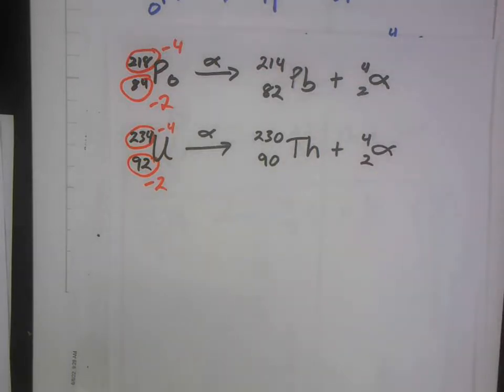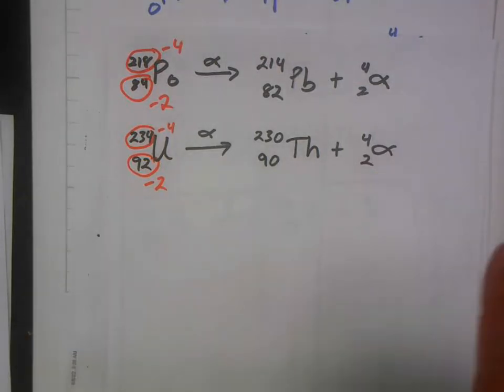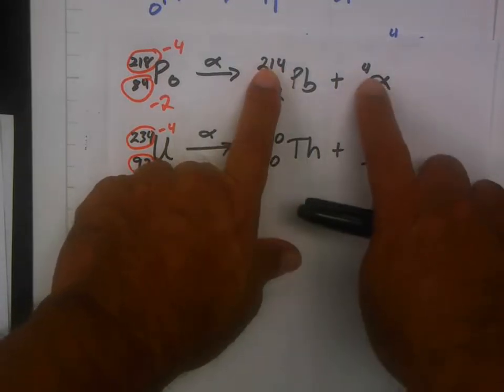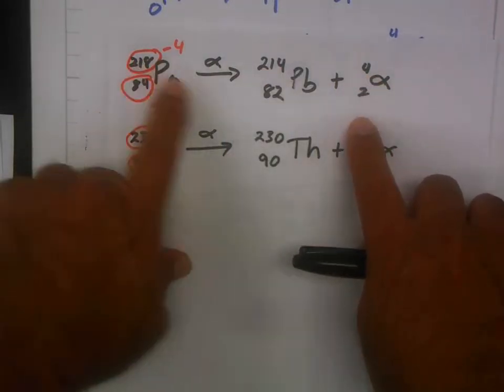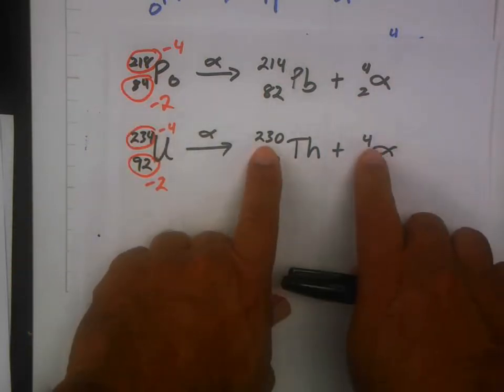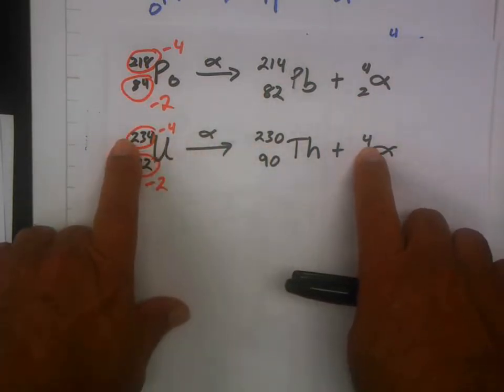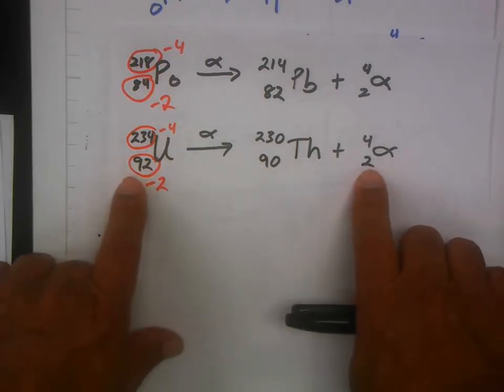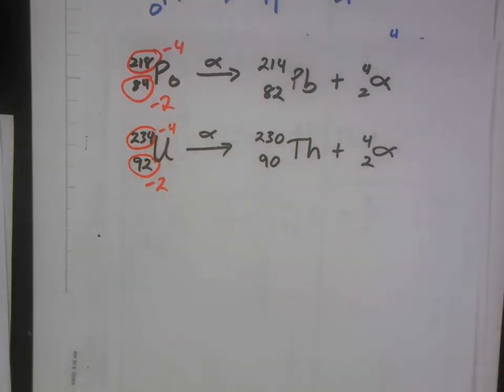And note that your mass numbers on the right of the arrow equal the mass numbers on the left. 214 plus 4 is 218, and 82 plus 2 is 84 here. Same thing over here. 230 plus 4 is 234, and 90 plus 2 is 92. Okay. Any questions on either of these alpha decays?